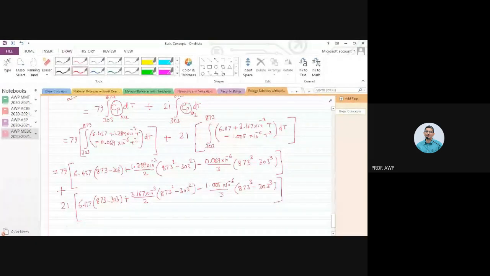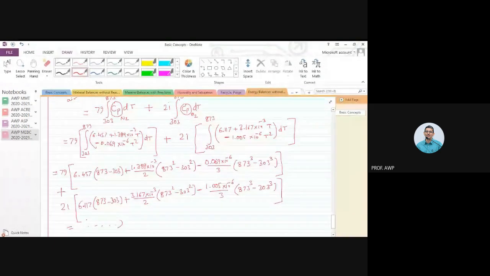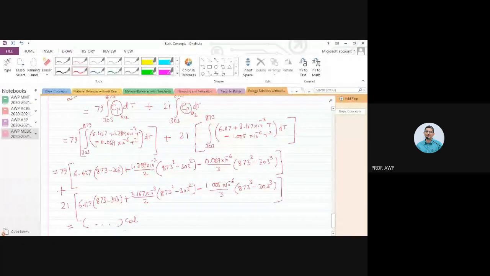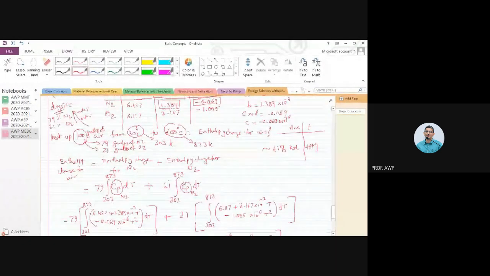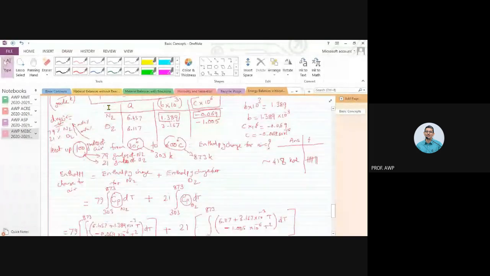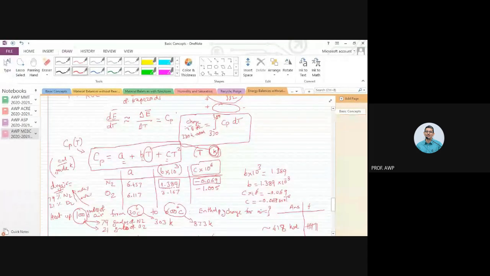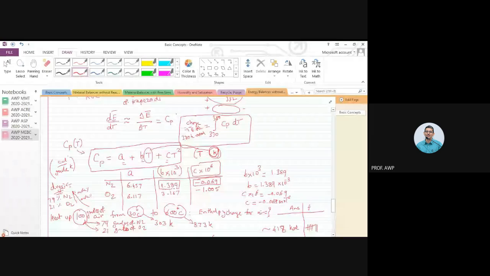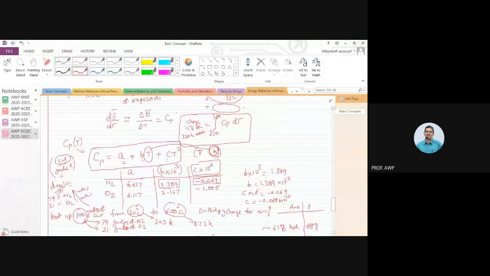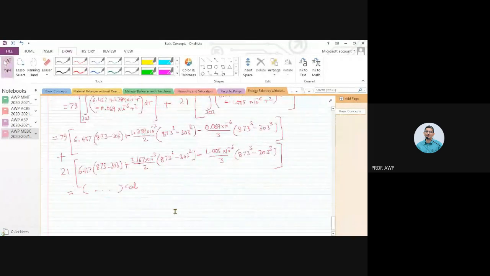And then if you simplify, you will get whatever value in terms of calories, because Cp is in terms of calories per gram mole Kelvin, and you can divide by 1000 if your number is very large, and convert it into kilocalories.